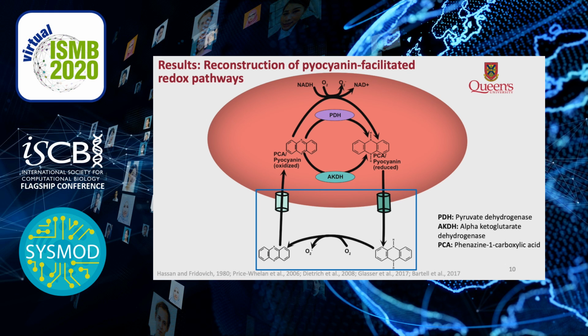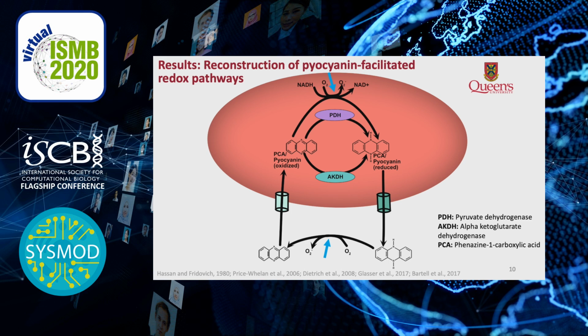Two sources of reactive oxygen species are extracellular oxygen reduction by phenazines and intracellular NADH oxidation. By adding these reactions alone, we have coupled pyocyanin and other phenazines with central metabolic and redox pathways.